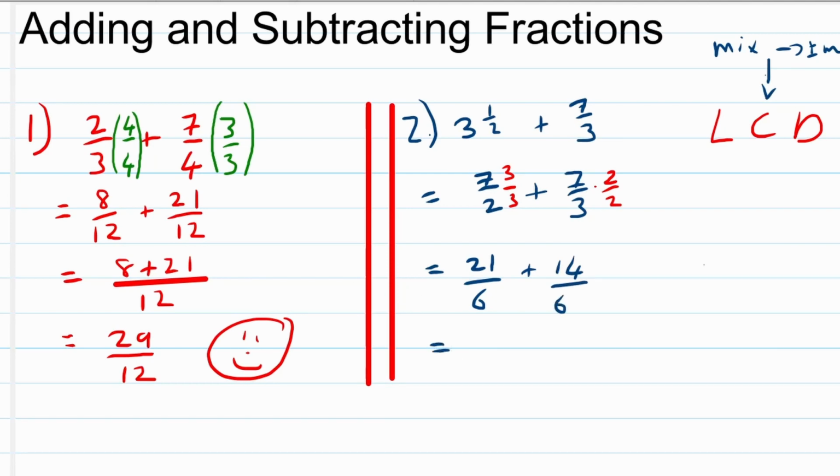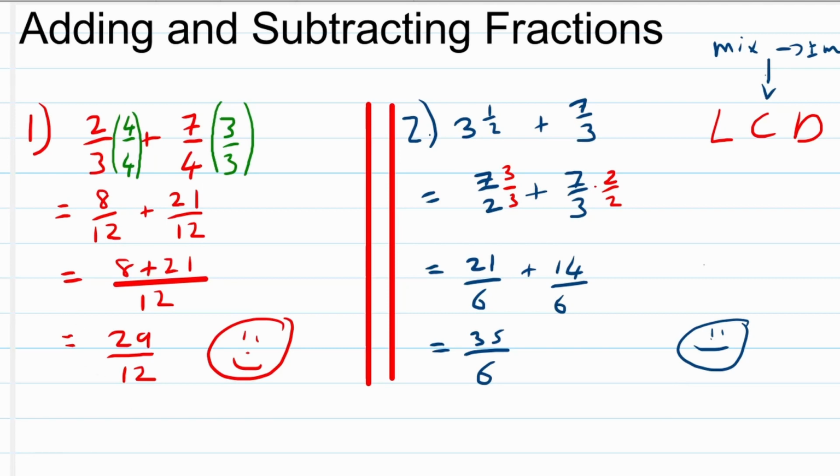And just like with the first example, we have the same denominator, so that will stay the same, 6. And 21 plus 14 is 35. And this is how we add fractions.